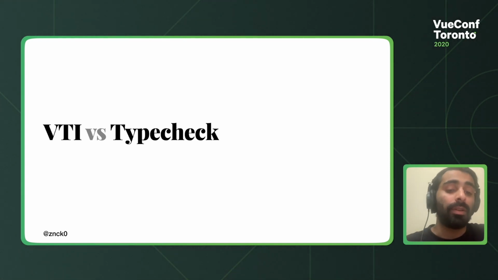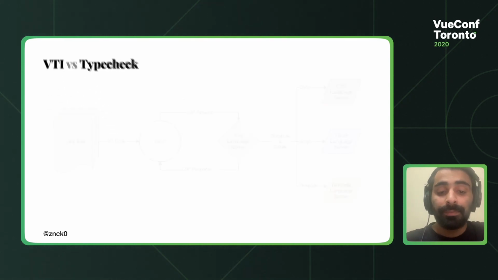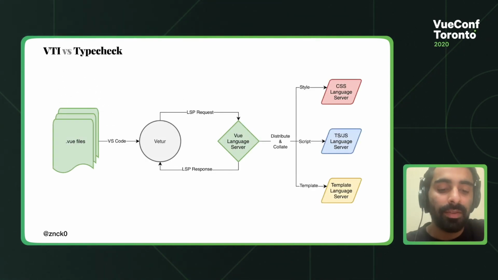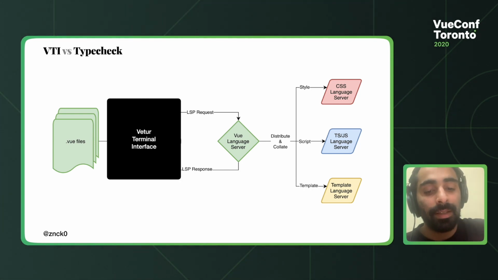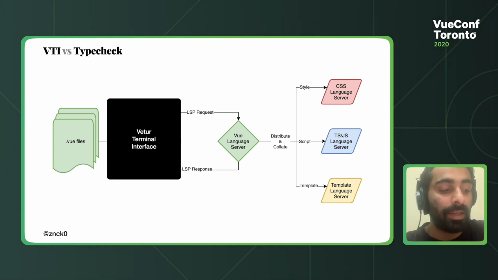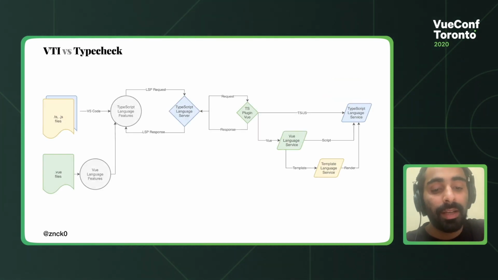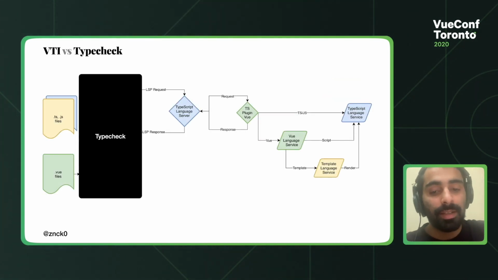Type check is built upon the TypeScript language server with the TS plugin. If we see Vetur's internal working diagram again, VTI replaces the extension and VS Code part of it. Similarly, type check again replaces the extension and VS Code parts of it.